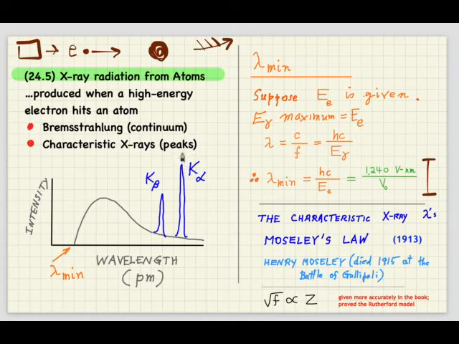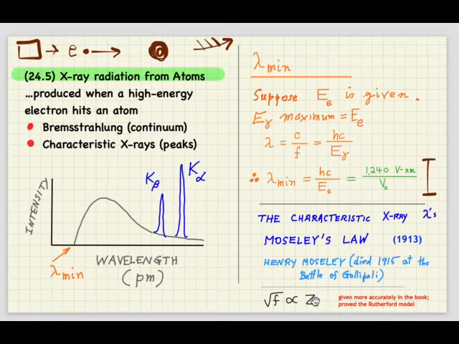So, the K alpha X-ray corresponds to a transition to a 1s state. K beta is a transition to a 2s state, and so on. So using that Bohr model energy level diagram, Moseley could derive a relationship between the wavelength produced in that transition and the atomic number.